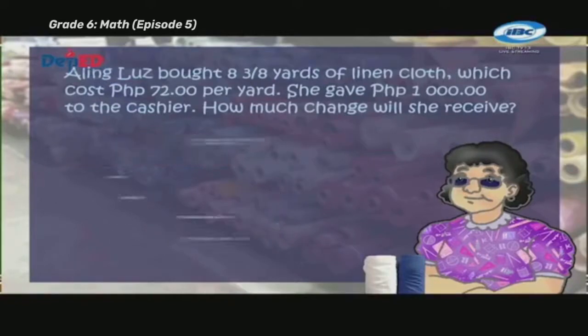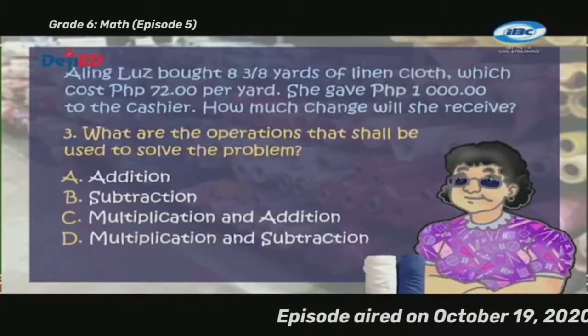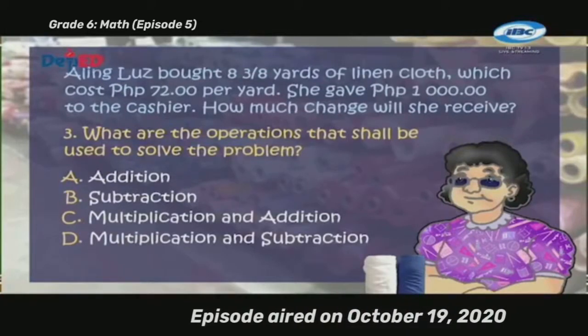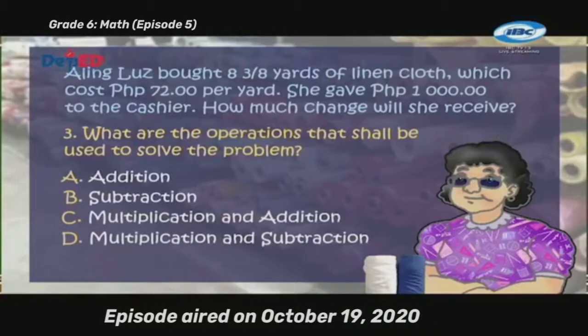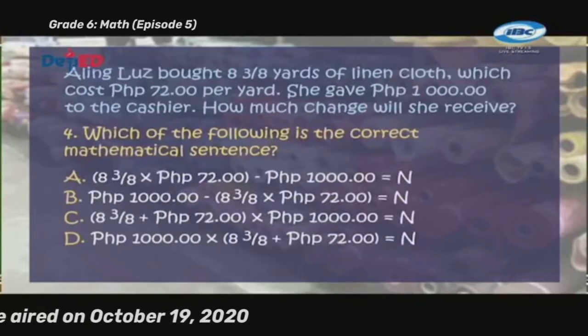Number 3. What operations shall we use to solve the problem? A. Addition. B. Subtraction. C. Multiplication and addition. Or letter D. Multiplication and subtraction. Number 4. Which of the following is the correct mathematical sentence?